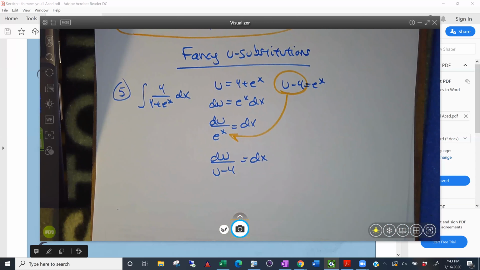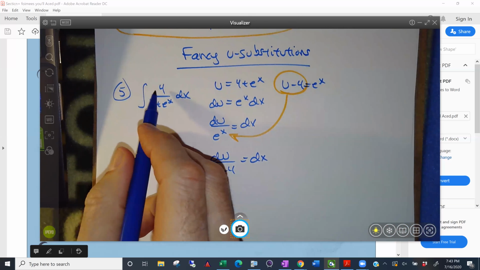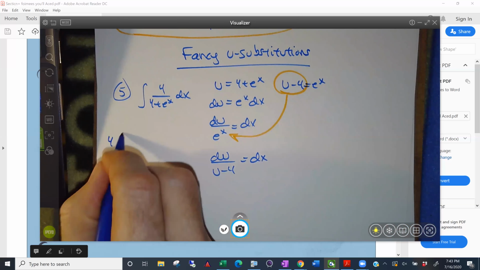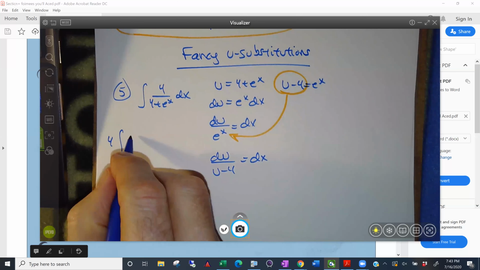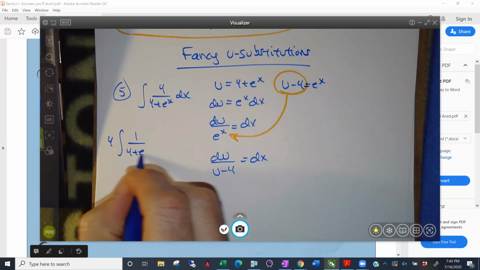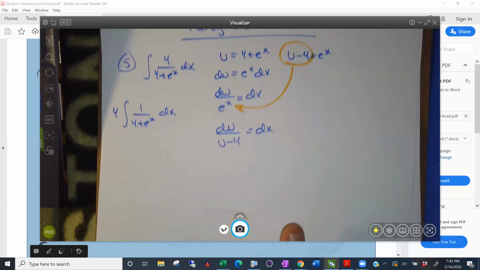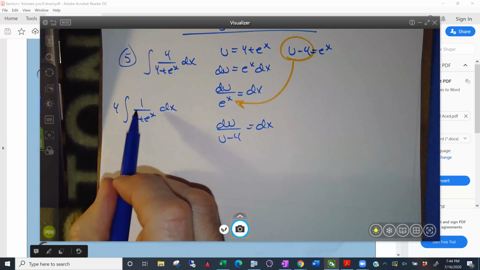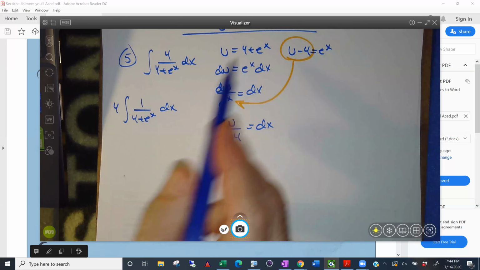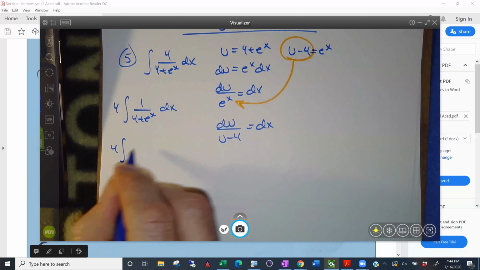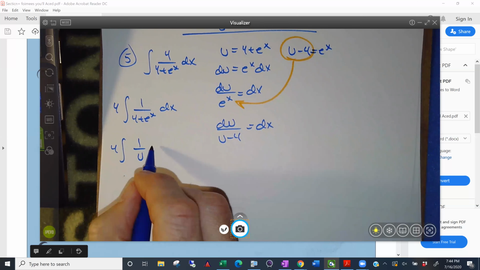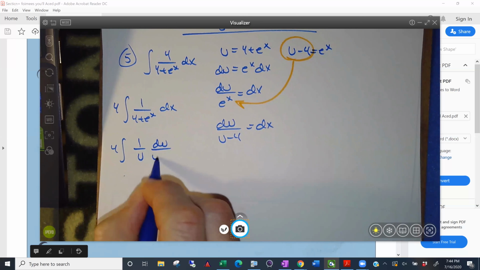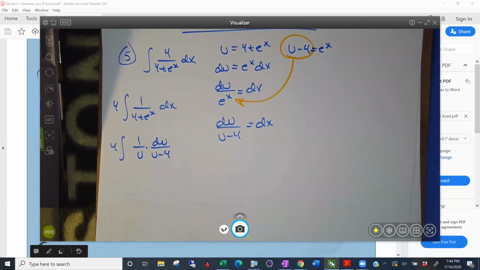Let's put a few things together here. If I'm going to make this u substitution, let's take the 4 out in front. And then I'll have 1 over u. Now let me write it like this: 4 over 4 plus e to the x dx. Maybe it's a little clearer to see here. This is 1 over u, that was my original substitution. And then dx is du over u minus 4. And those multiply.